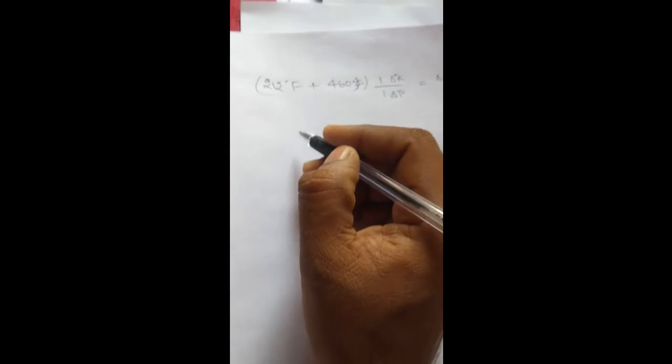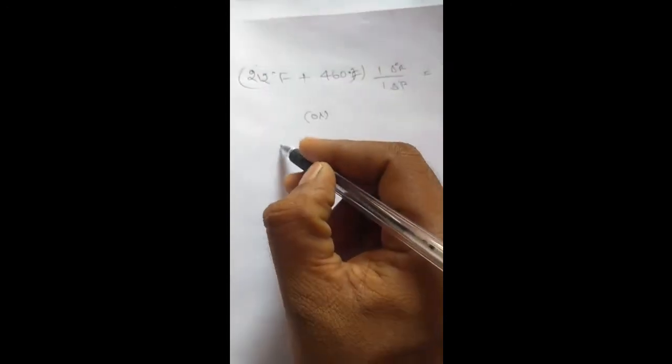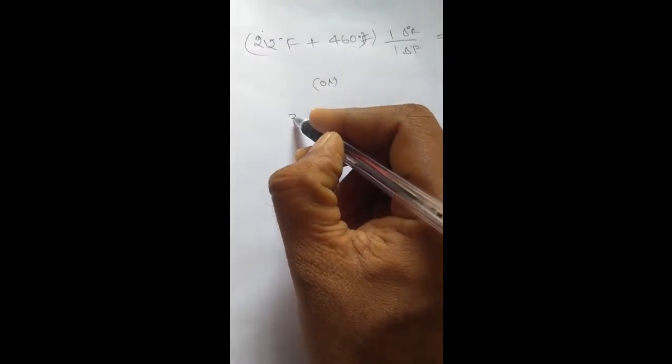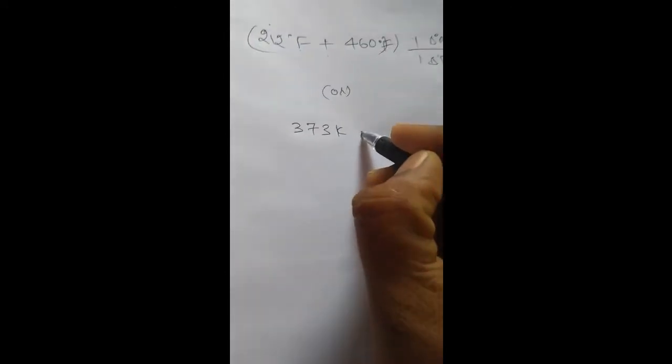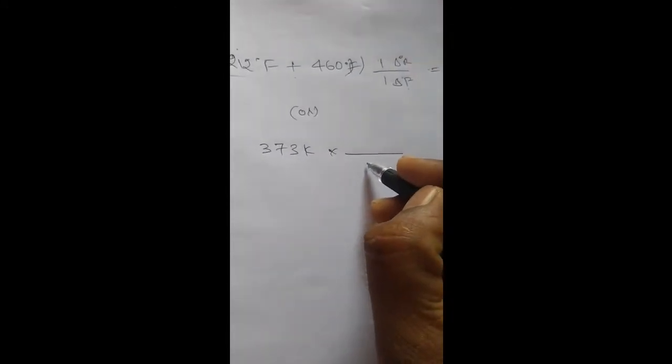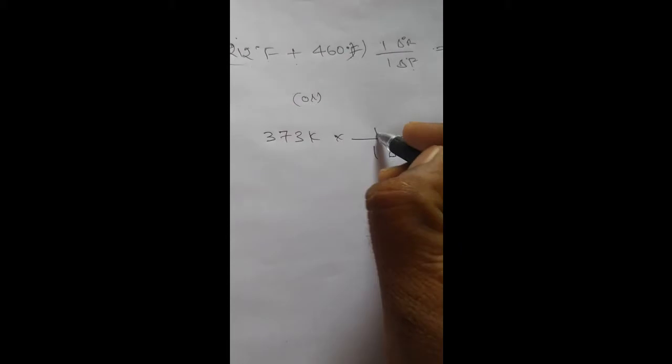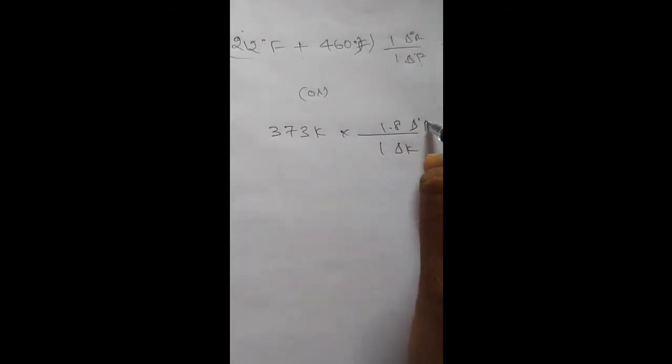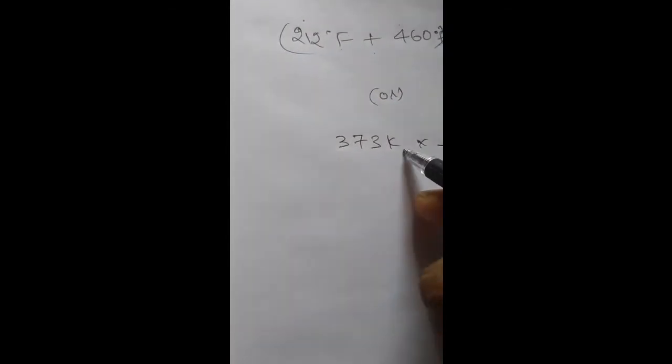Alternatively, we know the Kelvin. How much Kelvin is it? 373 Kelvin. So 1 delta K is equal to 1.8 delta R. So 373 into 1.8 gives us 672 degree Rankine.